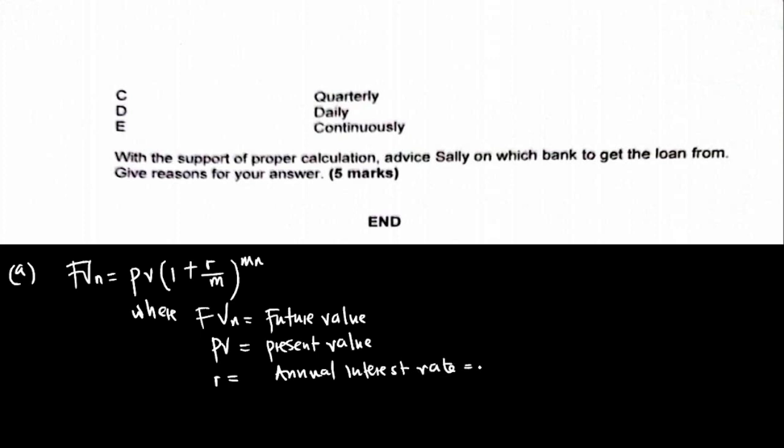So our annual interest rate there was 4%, which represents 0.04. Then the present value, in this case, was 10,000.